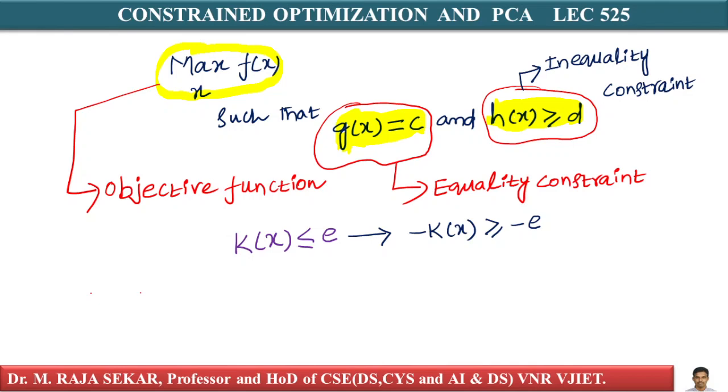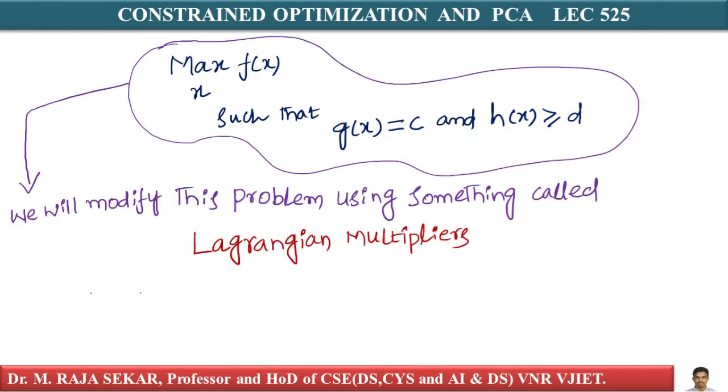Maximization of f of x such that g of x equal to c, h of x greater than or equal to d. This is the problem that we have. We will modify this problem using something called Lagrangian multipliers.